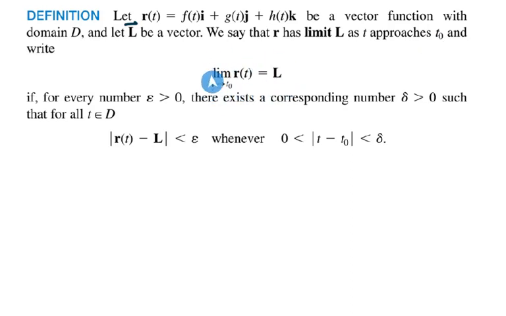So this is a traditional limit definition. We just have a vector input for the function that we're finding the limit of, and then the output, the limit, is actually a vector. And we still use our epsilon delta.